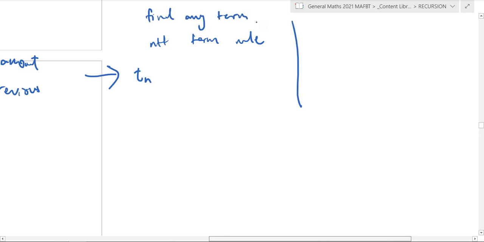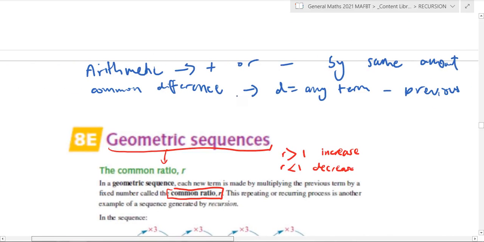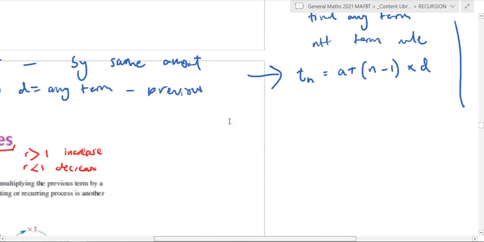So if you're asked to find a term, use the nth term rule, and it's Tn equals A plus n take away 1 times d. Just remember what each value represents. A is the first term, n is the term you're looking for, and d is the common difference, which we can find using that formula.